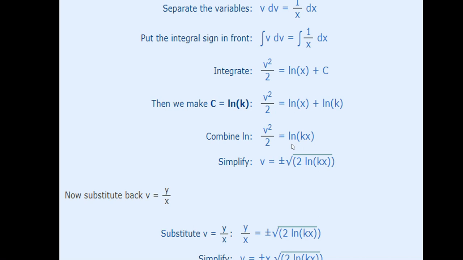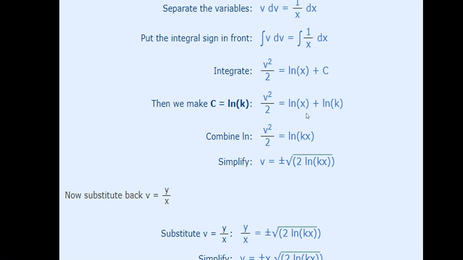That way, when we simplify later on, we won't have a lot of variables to bring about. Again, this c could be written as ln of another constant, so it could be ln of k. Why? Because we have a term in our solution that is an ln. If you don't have an ln term here, then it would be a simple c for your arbitrary constant.